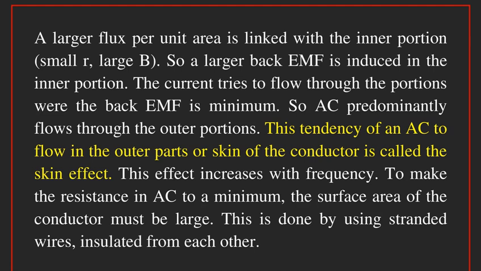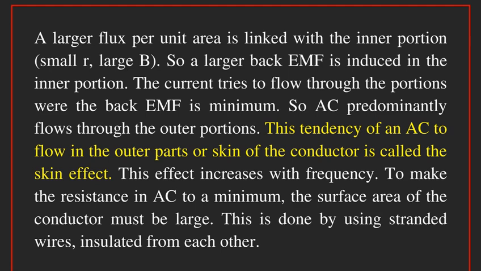So in order to reduce the resistance of a conductor towards AC, the surface area of the conductor should be very high, and this is done by using stranded wires. Stranded means many small wires which are in stranded position, and these wires are insulated from each other.